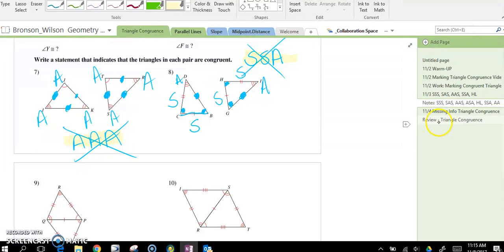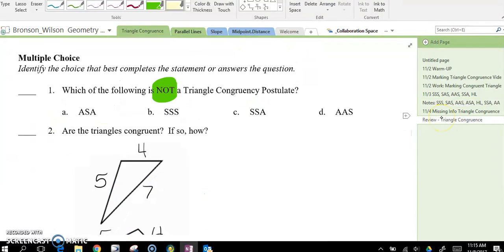Now, let's go back. So we had, what's this first one? AAA. Very good. What's the second one? SSA or ASS. Now, go back to number 1. So, was ASA one of the postulates? Yes, it was. What about SSS or side, side, side? Was that one of the postulates? Yes. What about SSA? Was that one of the congruent postulates?